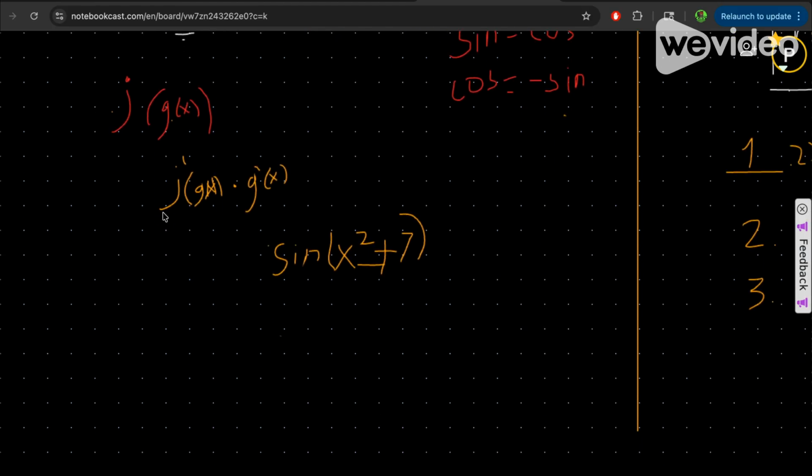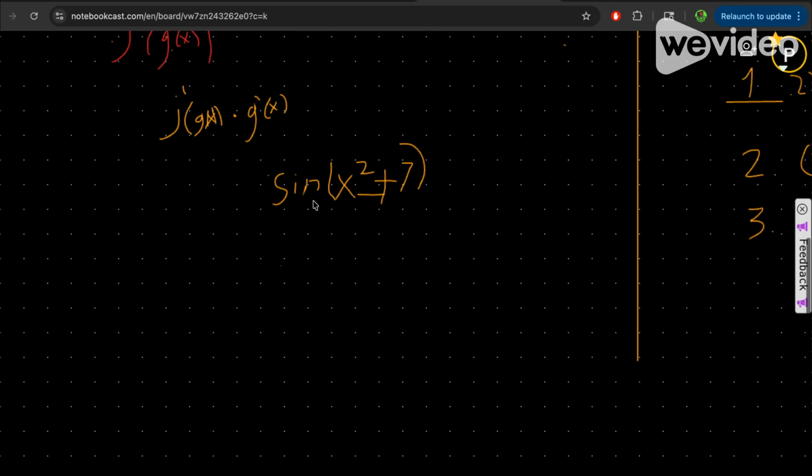So the general formula is j prime of g of x times g prime of x. So let's take that in action.